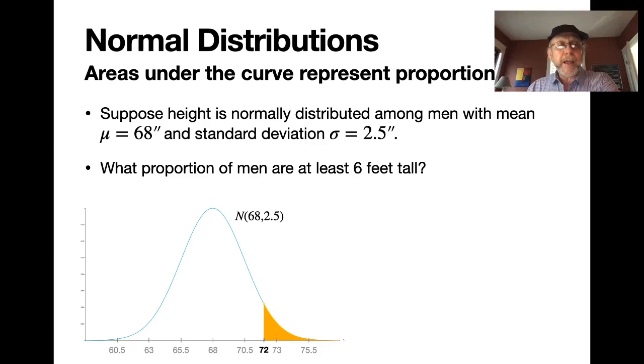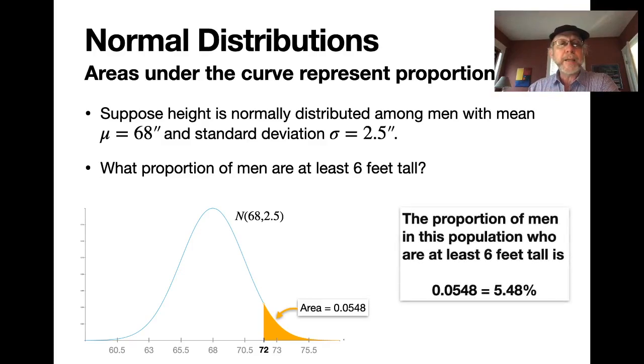The area that is highlighted there would be that proportion of men who are 72 inches or taller. Now, it turns out that that area is 0.0548. So what we can say is that the proportion of men who are at least 6 feet tall in this population is 0.0548, or 5.48%.